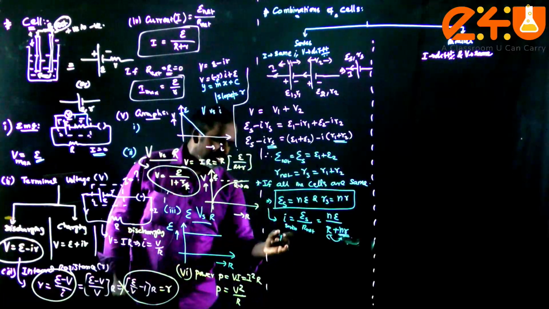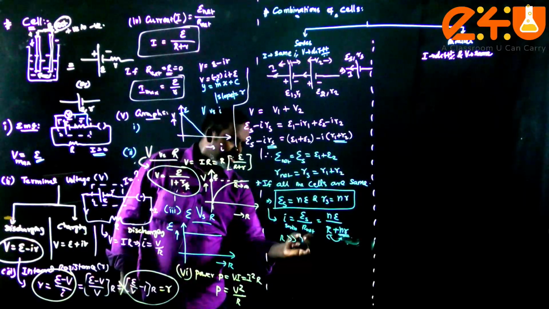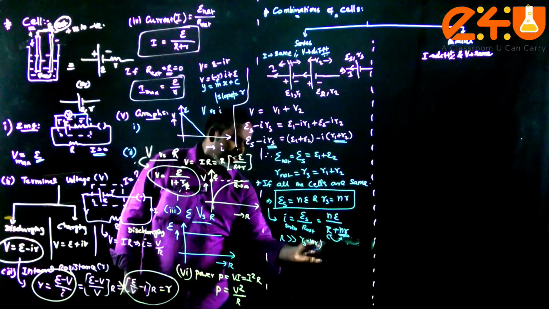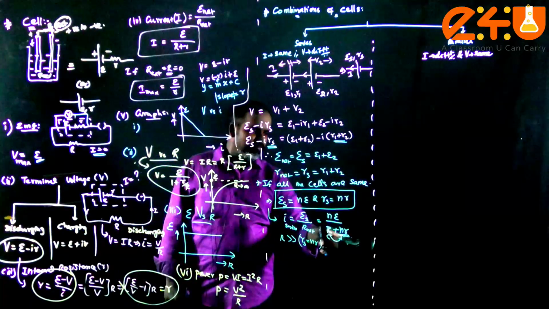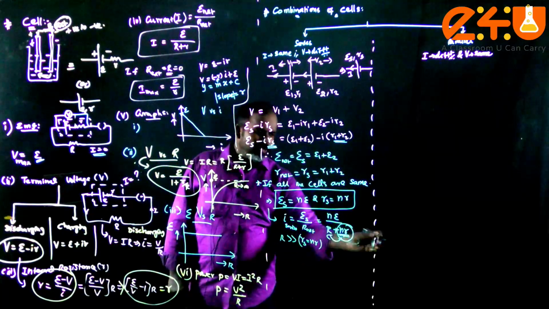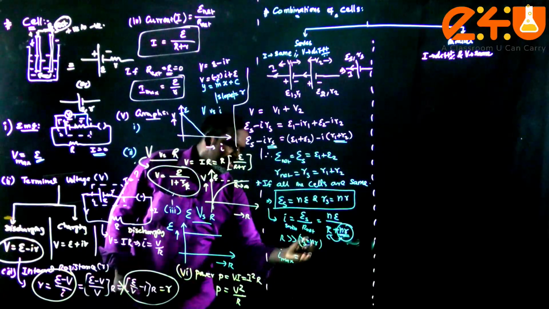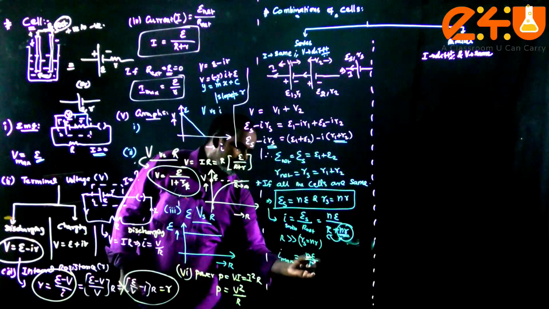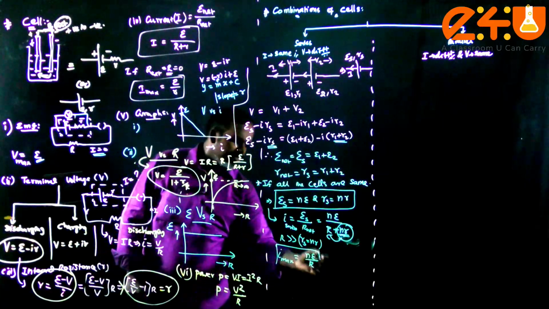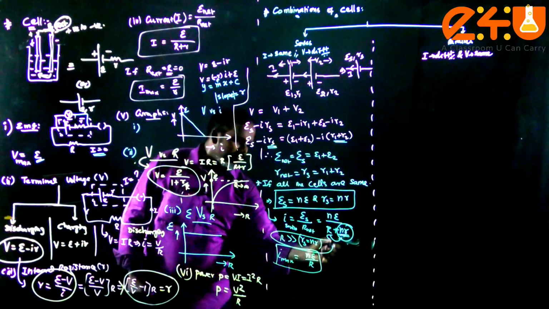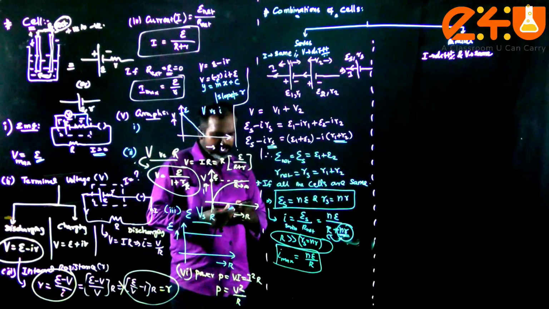Therefore R is very much greater than nr. If this condition is valid, then in the summation this term can be omitted. Therefore I maximum is equal to nE divided by capital R. This is the condition for maximum current delivered in the series combination of the cells.